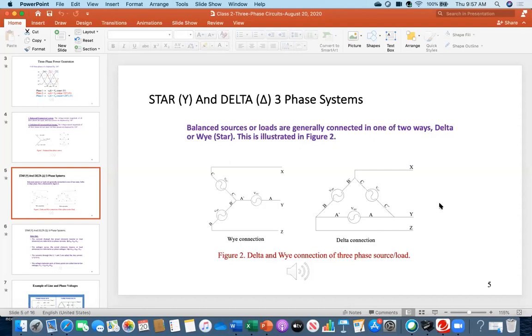But once it is nearby the customers who need to use the power, then it should be the Y connection, because you need the neutral line, and ultimately that neutral line will be connected to the safety grounding, because it should be grounded for proper or full safety. But because there is no neutral connection here, you can't make it grounded.